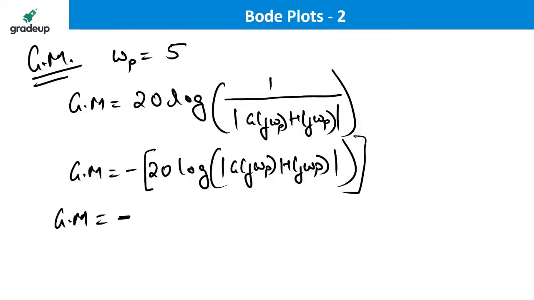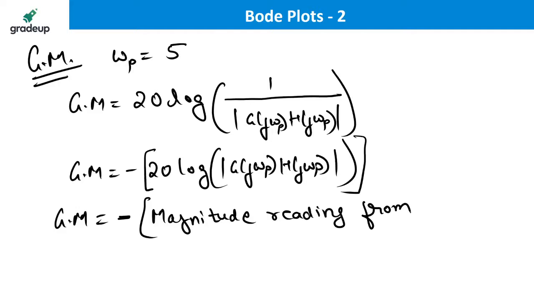So this is equal to minus of the magnitude reading from the Bode plot at omega equal to omega p.